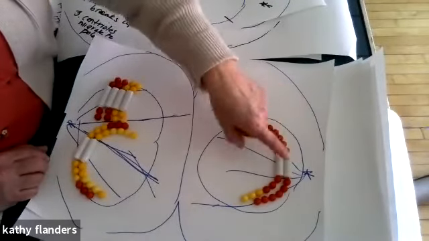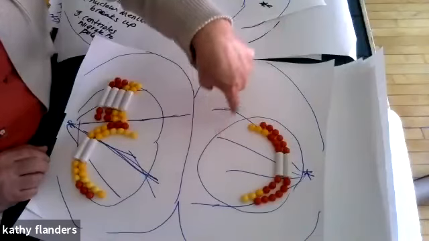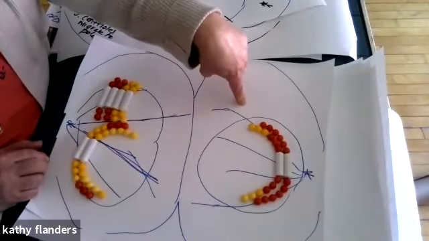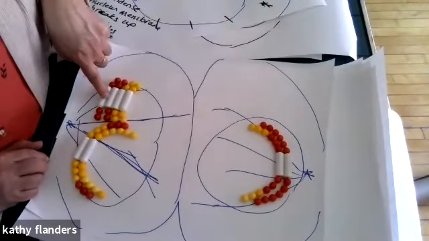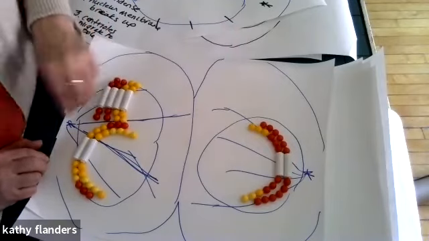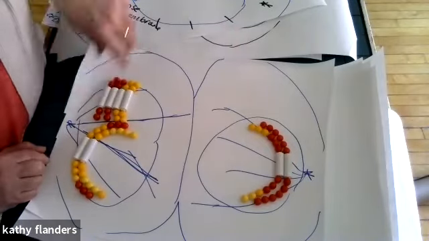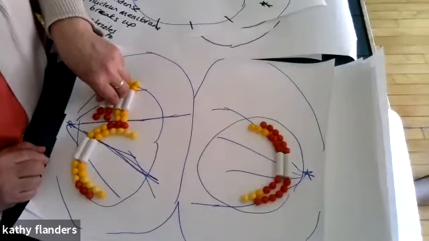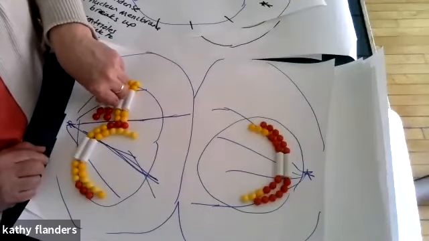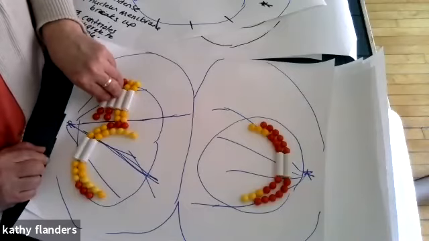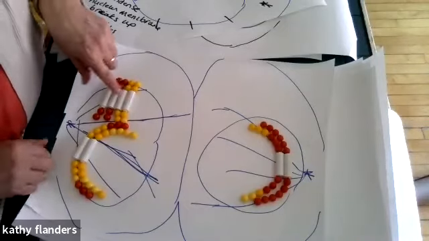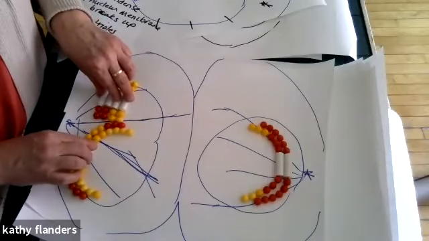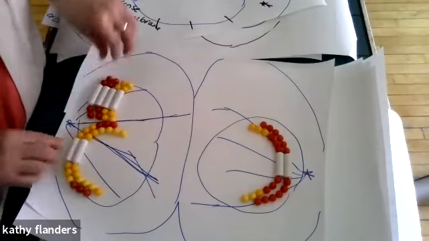And so this cell now lacks a chromosome 22. That's called non-disjunction, and we'll talk about that in lecture. But non-disjunction accounts for things like trisomy 21, which is Down syndrome. Having an extra chromosome is caused by non-disjunction, meaning that they don't separate.